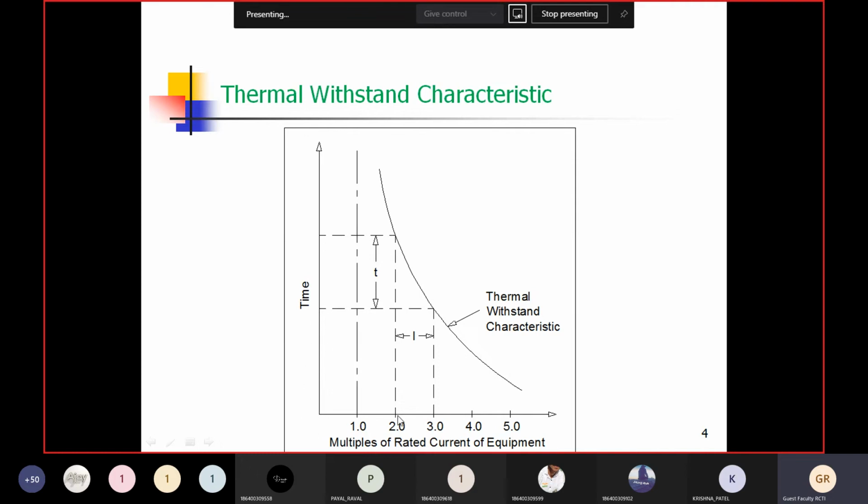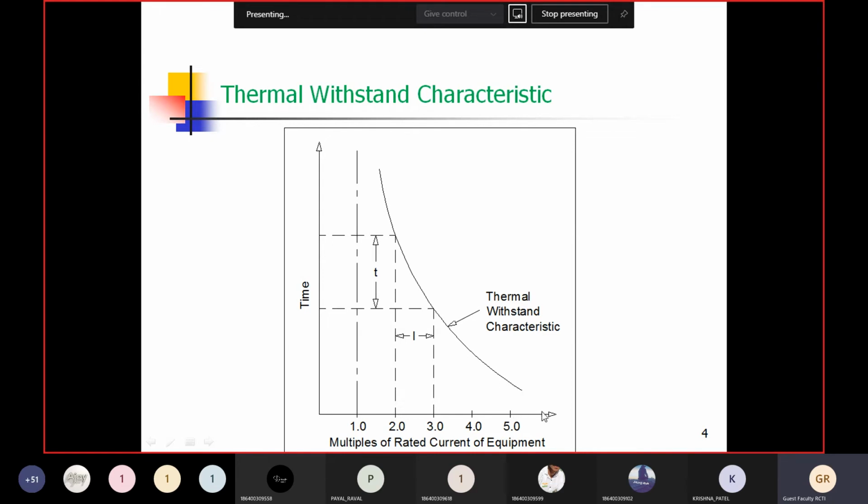Why is it so? Because as the current increases beyond a certain extent, it creates a heating effect, and you can't allow the motor to run for a longer time. Similarly, if you increase the current to 4 times, once again the time of operation gets reduced.